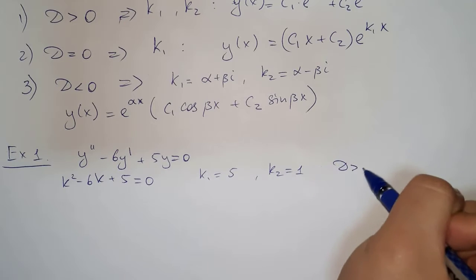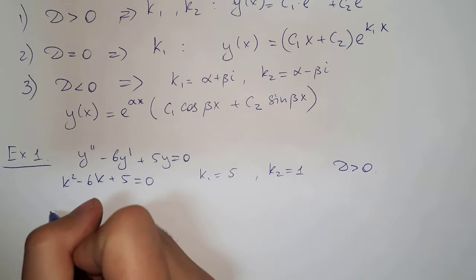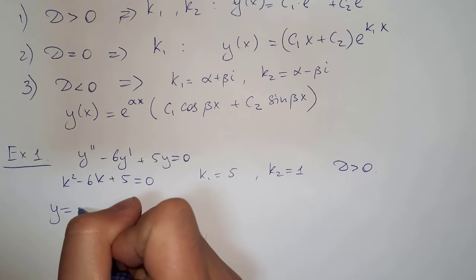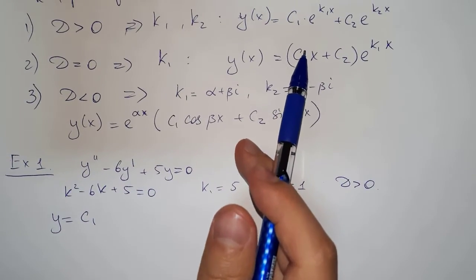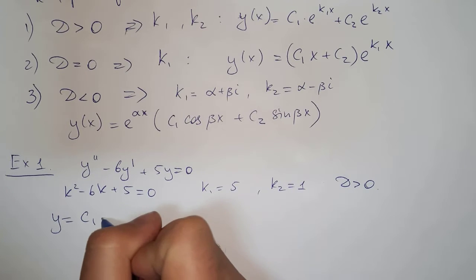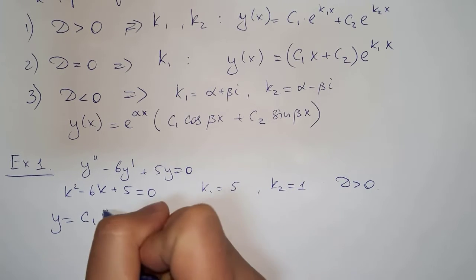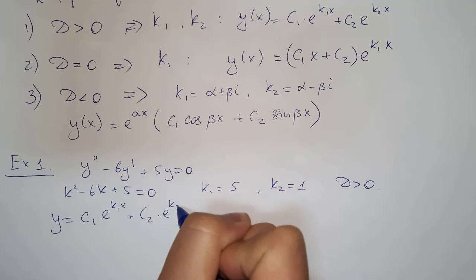Here the discriminant is greater than 0, so we have 2 distinct real roots. And the general solution of our equation will be, look, the first case, so y is c1 times e to the power of k1x plus c2 times e to the power of k2x.